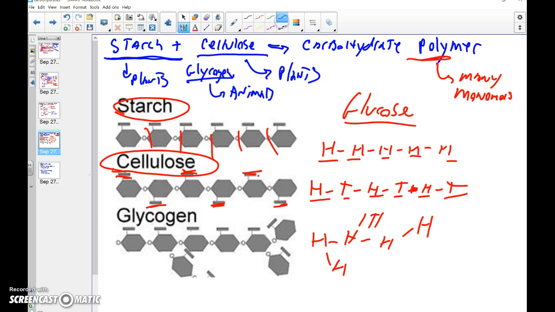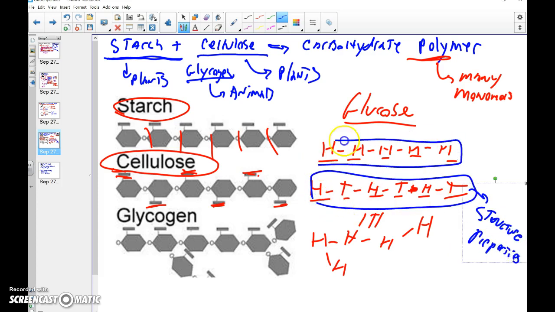And if you recall, since structure gives things their properties, this will have different properties than that. The chemicals in our body cannot break down cellulose, and so it moves through our digestive system undigested.